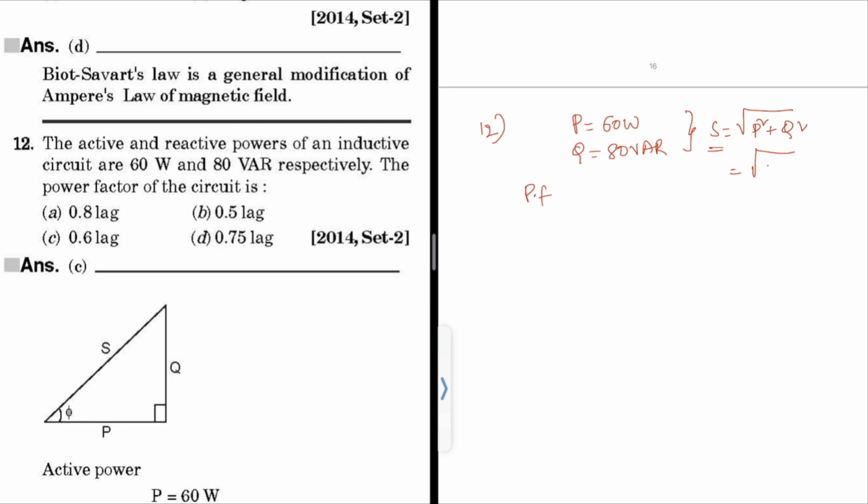So 60 square plus 80 square gives 100 volt ampere. To calculate the power factor, we know P equals S cos phi, so cos phi, the power factor, equals P by S, which is 60 by 100, so 0.6 power factor.